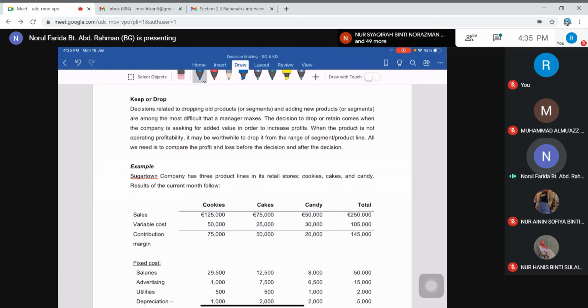Okay, so decision untuk you buat keep or drop also difficult decision for you to make.